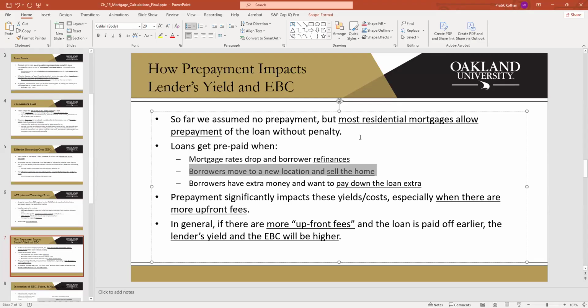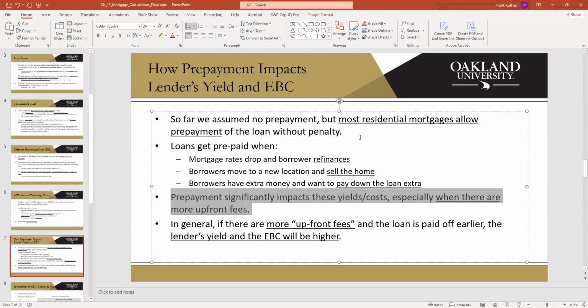Maybe they got a new job in a different city, or maybe they need a bigger house because they had kids, etc. Or people sometimes just have extra money. Maybe they got a raise or a bonus that they put towards their house payment to pay down the loan extra.